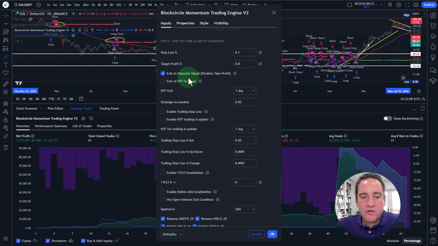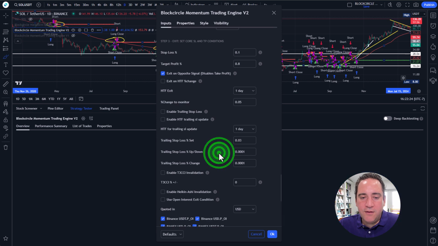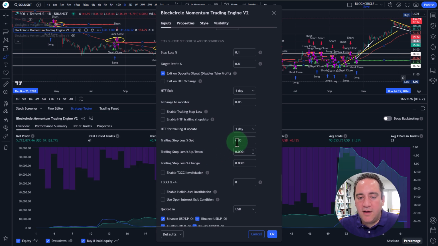So those are just different ideas that you could do. You could also trail the stop loss using different percentages. So rather than using 0.02, you can use 0.03. And then you can change the increments. So how much do you actually want to change the trailing stop loss, and by how much, right? And then you could also have your T3 CCI invalidation. So you can basically have your momentum invalidation.